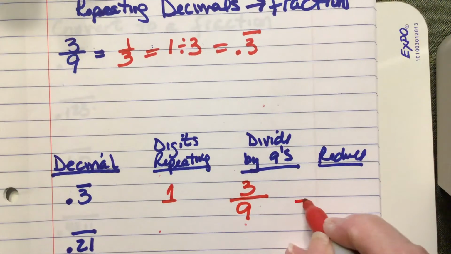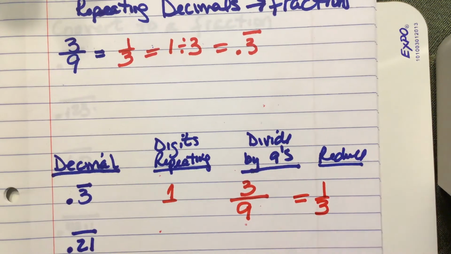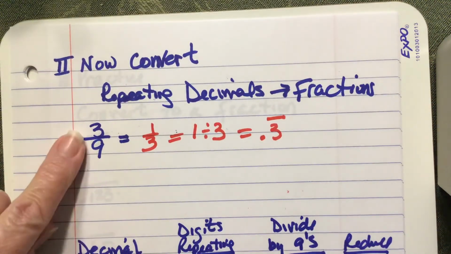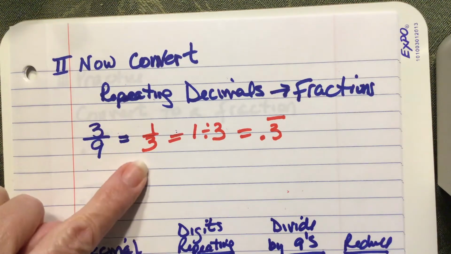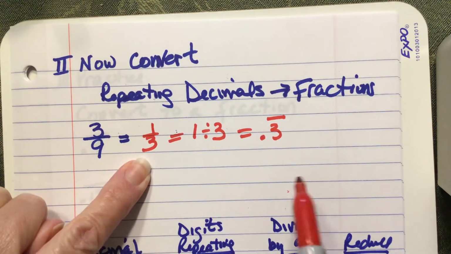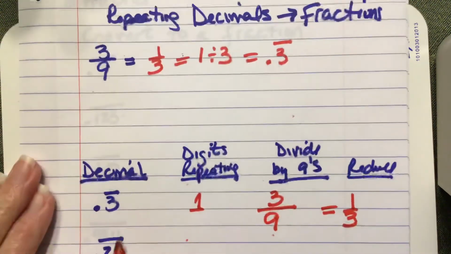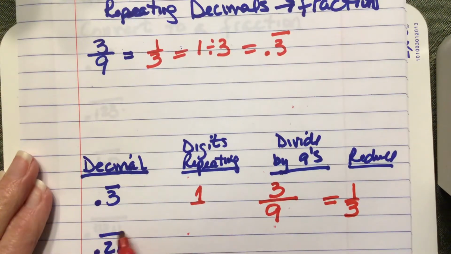And if I reduce that, that becomes 1/3. Well, we just got finished saying up here that 3/9 is 1/3, which is 0.3 repeating, and now I'm just going backwards. 0.3 repeating is 3/9, the digit that repeats, over 9, and that gives me 1/3.